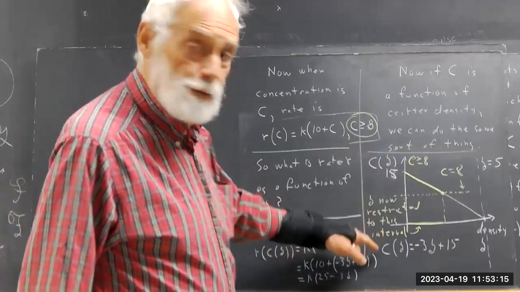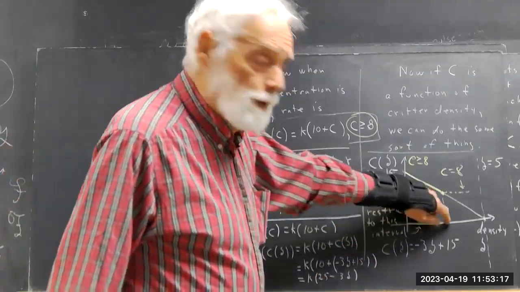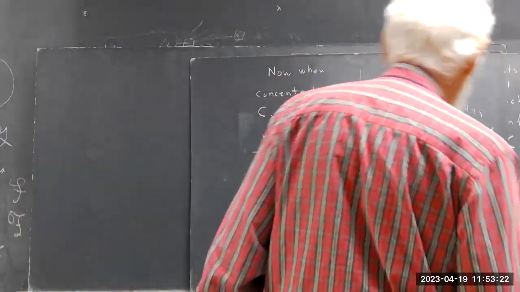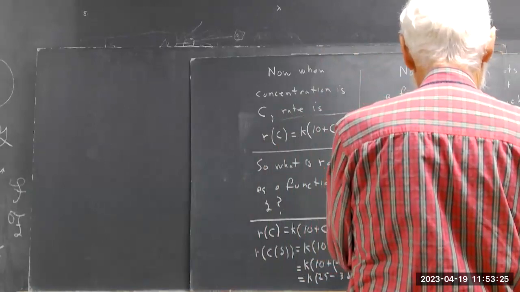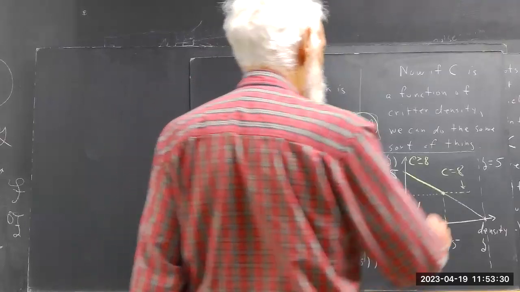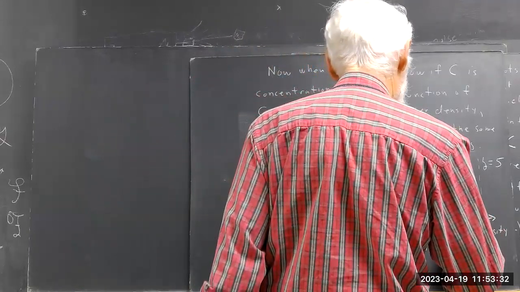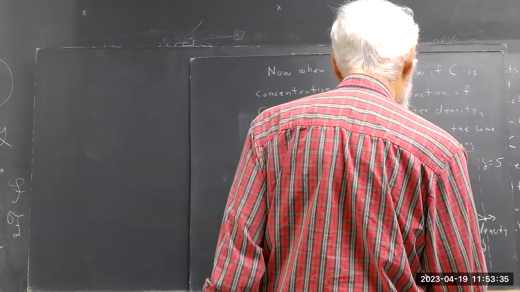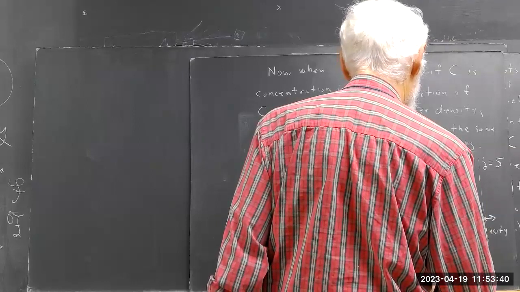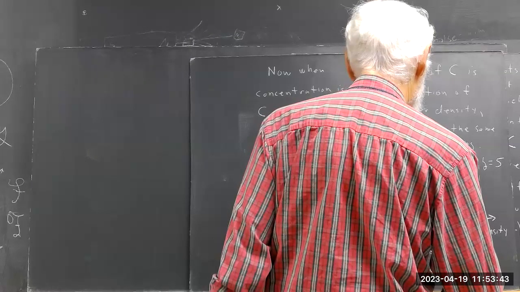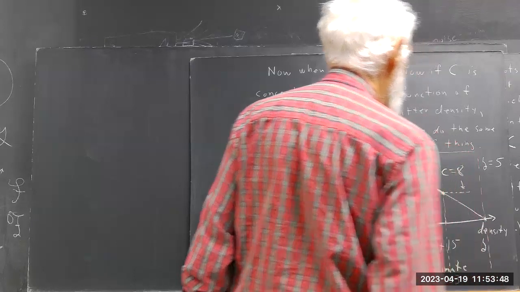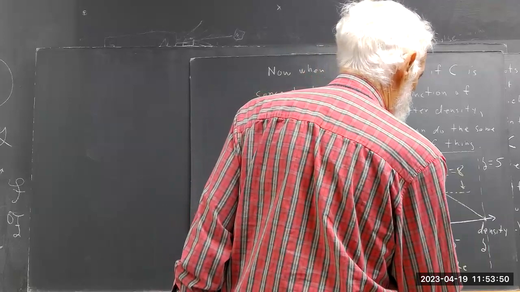Okay, so delta is now restricted to this interval. Now, what's this interval? You can estimate it. According to my estimate, it looks like delta's maybe 3.